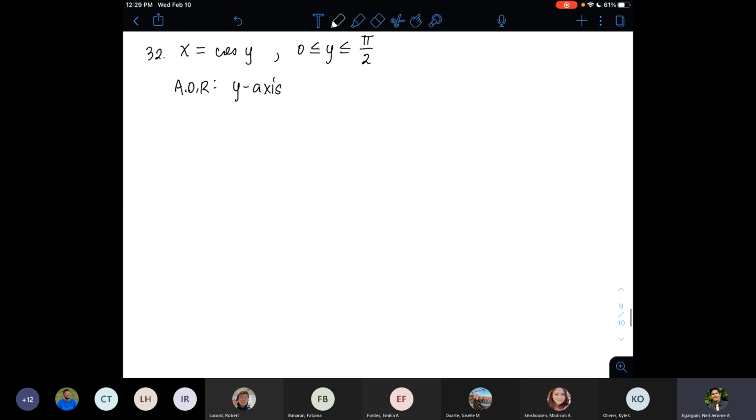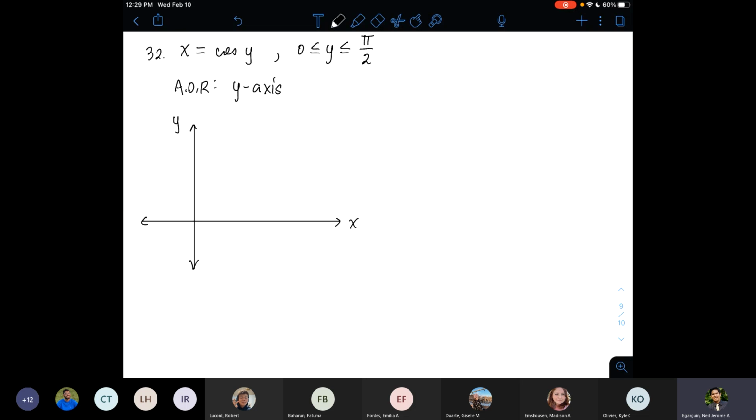So let's get a feel of how the curve looks, so that we'll have an idea how the surface of revolution will be formed. X here, Y there. And then let's sketch the graph, which would be a little bit awkward because we are given x in terms of y, x equals cosine y. So it's just a rotation of the usual cosine curve that we usually see.